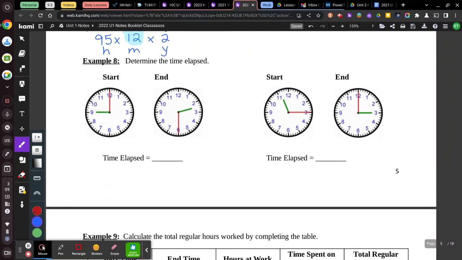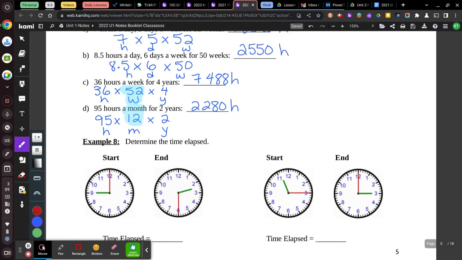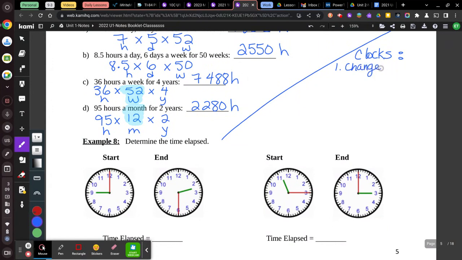Now, when we start dealing with actual clocks, the easiest way, and I'm just going to write it up here, for clocks, the first thing you should do is convert the times to the 24-hour clock.